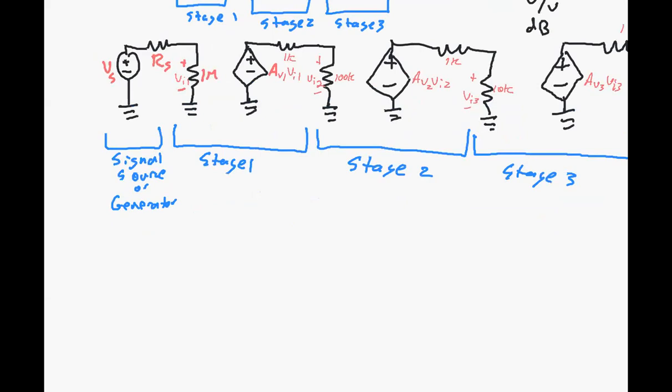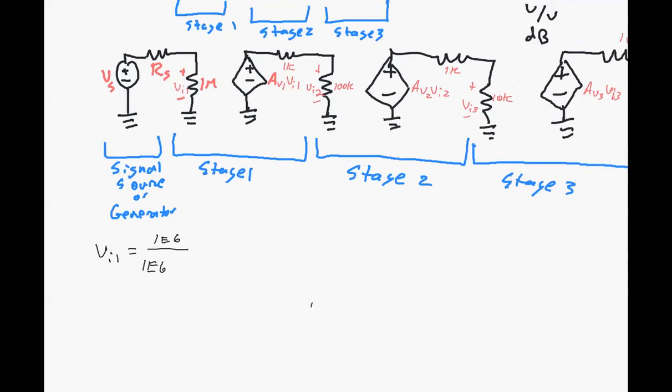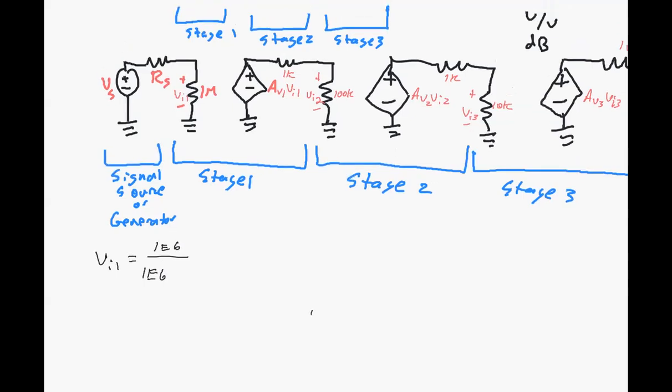VI1 is this voltage value from this divider of Vs and this 1 meg resistor. So we could find that VI1 is just equal to 1 meg over 1 meg plus, I need to put in a value for the source resistance there. So let me change that RS.